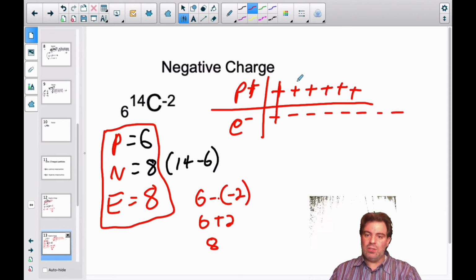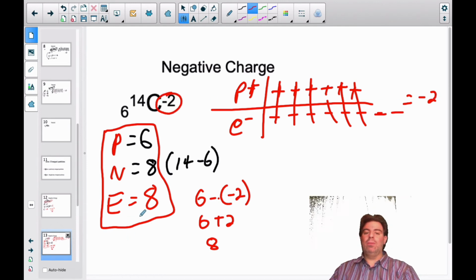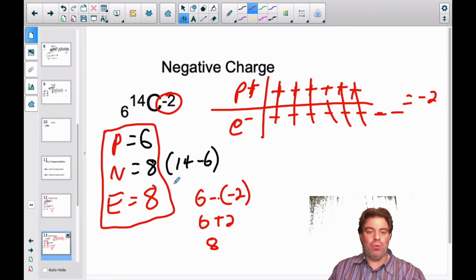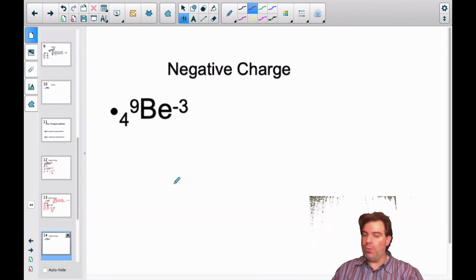So these cancel, cancel, cancel, cancel, cancel, and cancel. And what are we left with, guys? We are left with two excess negative charges, and that gives us a charge of -2, which we see right here. So we know we did the problem correctly. Now, I want you to do the other one, beryllium, and I want you to please email it to me.